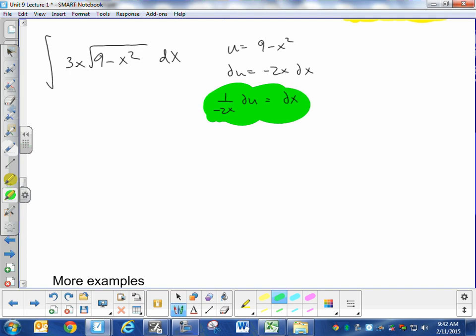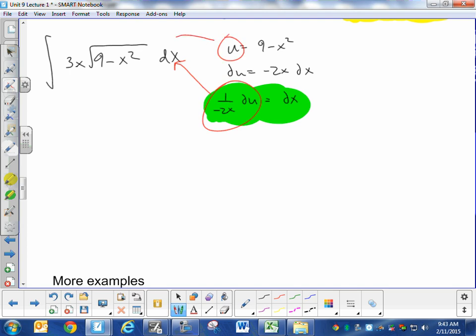It will cancel so long as everything is set up correctly. We'll find out. Is everybody here? Does everybody have negative 1 over 2x du? We're good there? Okay.